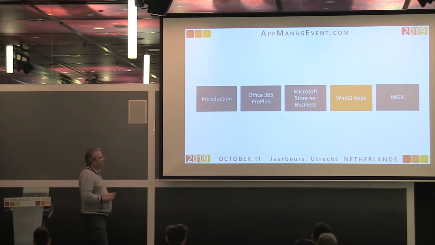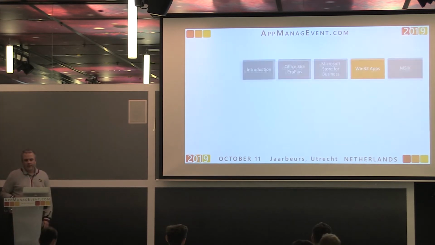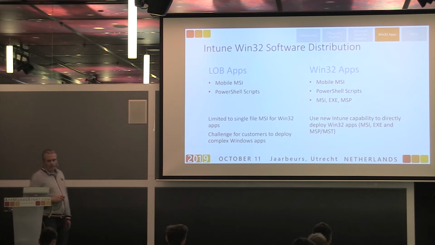So when we talk Windows 32 apps, we not only talk about Windows apps that are 32 bits. We will talk about apps that are available for a 32-bit platform, but also 64-bit apps.